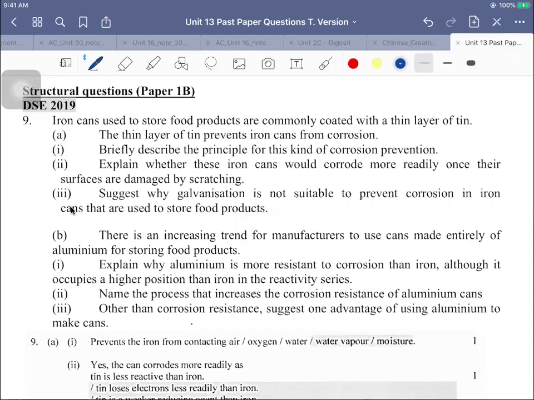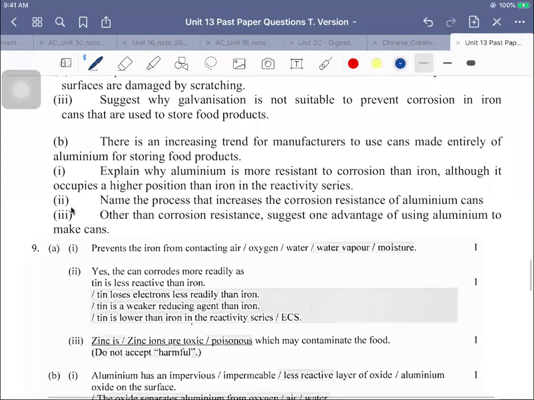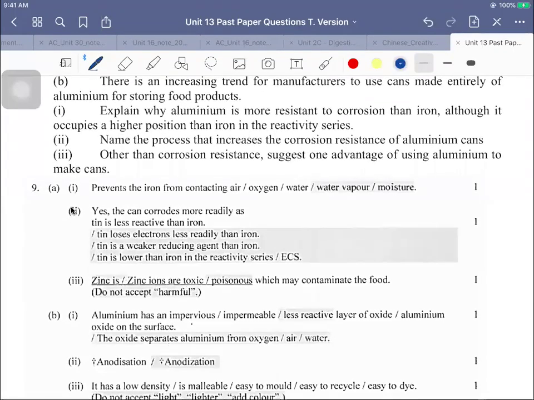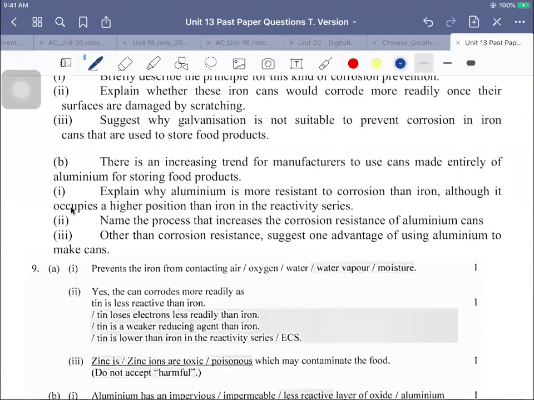That's surface protection, so it prevents the iron from getting into contact with oxygen and water. The answer is attached here. Don't worry, I will post this on Google Classroom, so no need to copy it down. Just go through it with me.